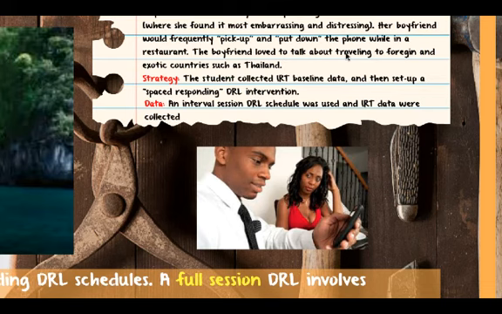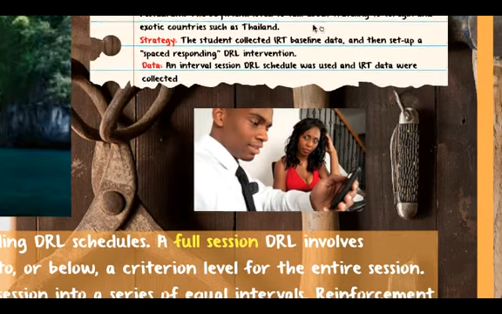So she wanted to set him up for success, and she wanted to deliver a reinforcer for lower rates of behavior. So if he was picking up the cell phone one time every 3 minutes, then within a 6 minute period, for example, if he only picked up his phone once, which would be a lower rate, then she would differentially reinforce him by way of talking about travel and travel to a foreign country.